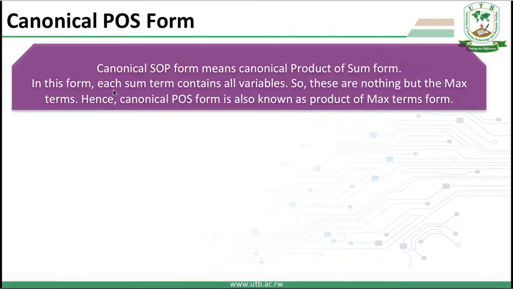In this form, each sum term contains all variables, whereas in SOP it is a product term. So these are nothing but the max terms. Hence, the canonical POS form is also known as the product of max terms form.